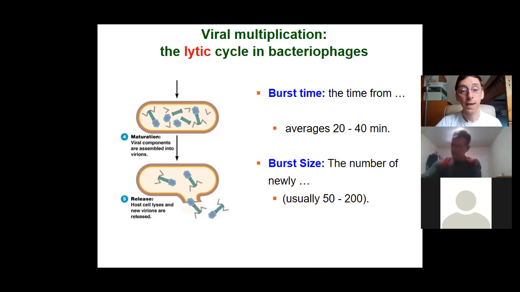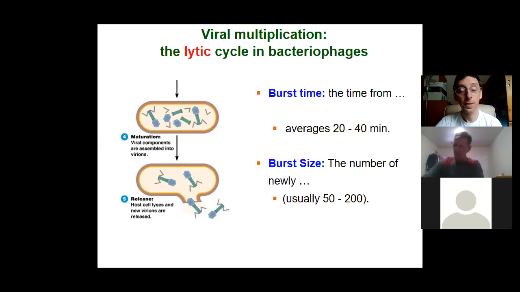Okay? And the burst time will depend on the temperature you're doing this at, but at standard temperature, the average burst time for the viruses is 20 to 40 minutes, depending on the viral species.